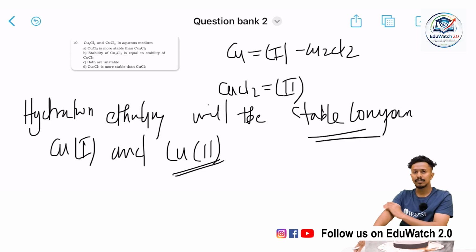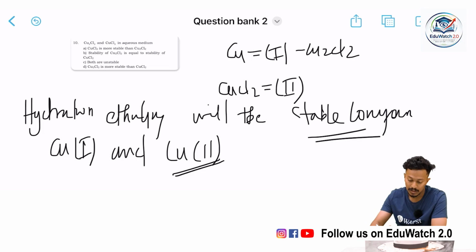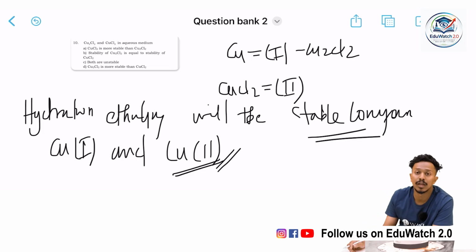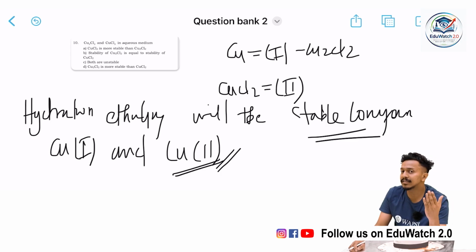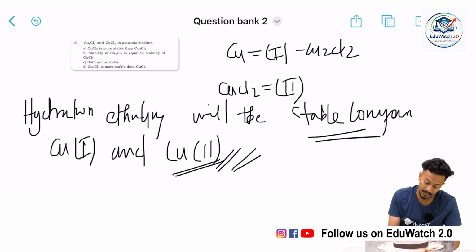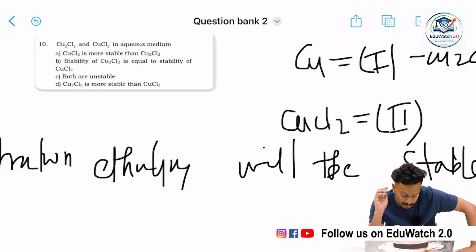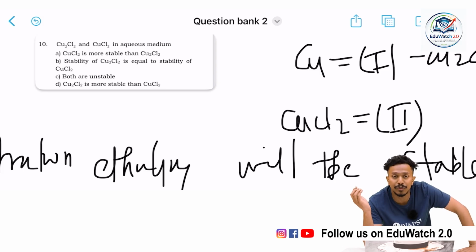This is due to the attraction on the outermost electrons. So Cu2+ is smaller in size, which means higher hydration enthalpy and higher stability. So Cu2+ is stable. The correct option for this question would be CuCl2 is more stable than Cu2Cl2.